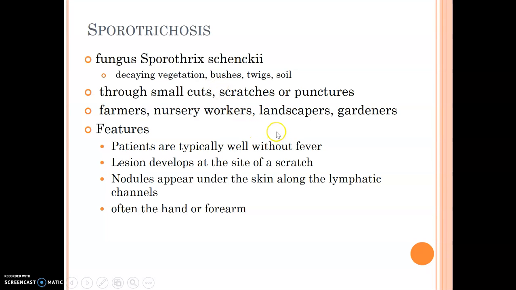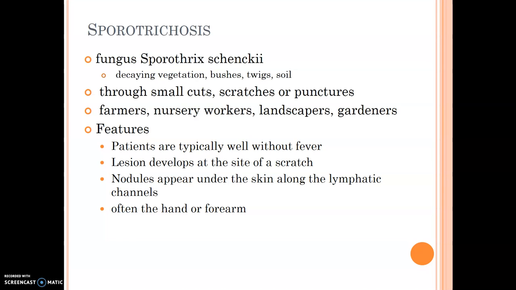Usually there is a history of cuts, scratches or punctures when working with soil, for example farmers, nursery workers, landscapers, gardeners. This is a typical history when you see a patient.